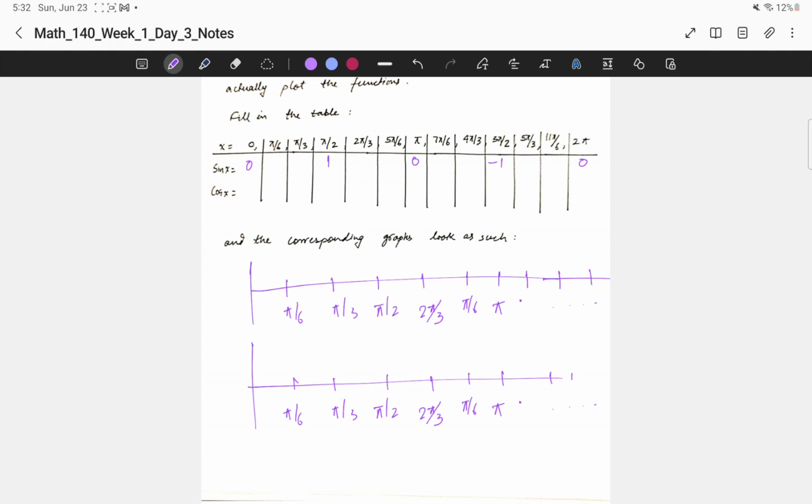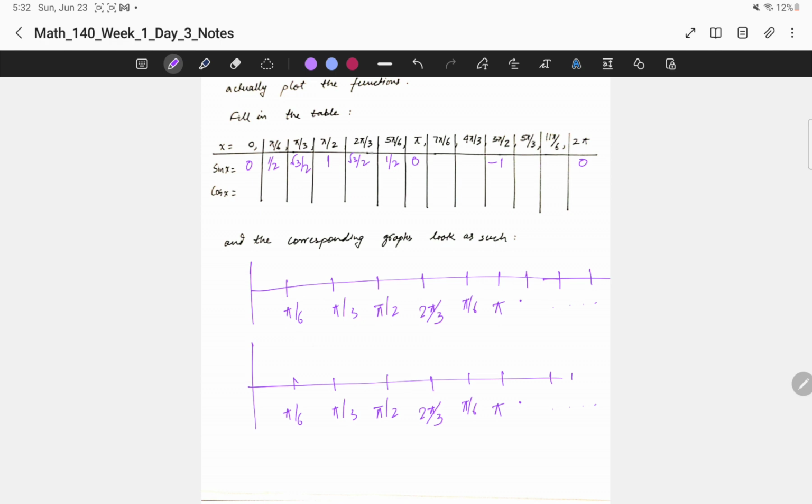So let's find these. Sine of pi over 6 is 1/2. Sine of pi over 3 is root 3 over 2. Sine of 2 pi over 3 is again root 3 over 2. Sine of 5 pi over 6 is 1/2.